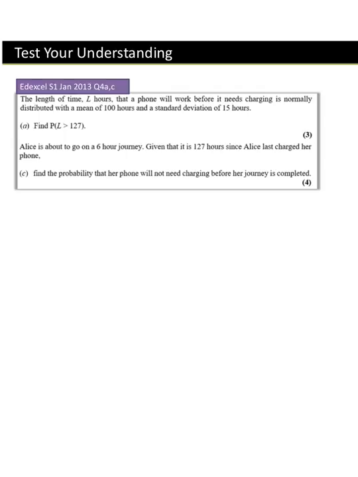So reading this question again, we've got the length of time L hours that a phone will work before it needs charging is normally distributed. So here we've got a normal distribution with a mean of 100 hours and a standard deviation of 15. So we have L modelled on a normal distribution with a mean of 100 and a standard deviation of 15 hours.